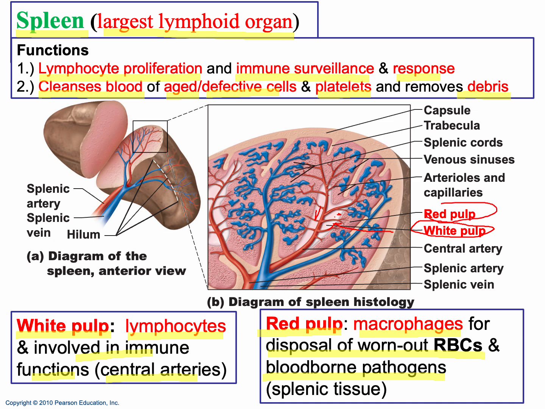So red pulp, again, is going to be found amongst the splenic tissue. So all this area here is where you'll find that red pulp. In contrast to white pulp, this white area you see internally in the spleen.